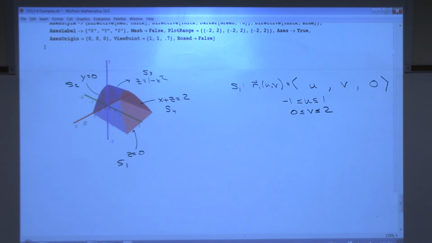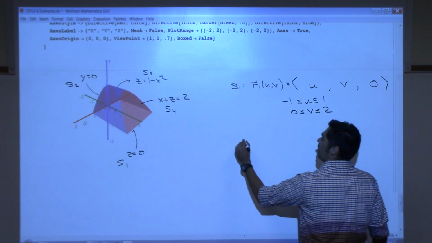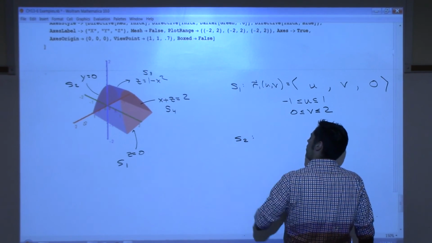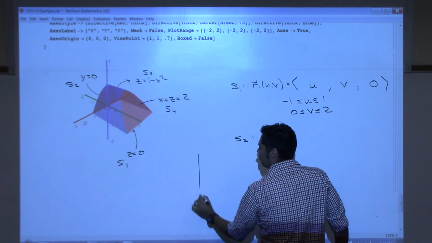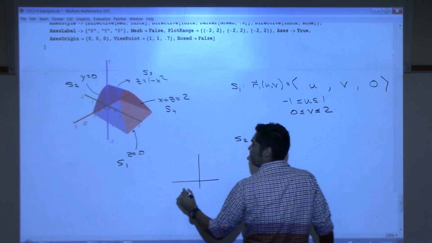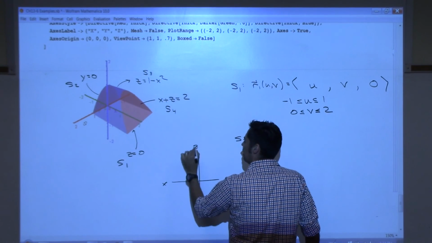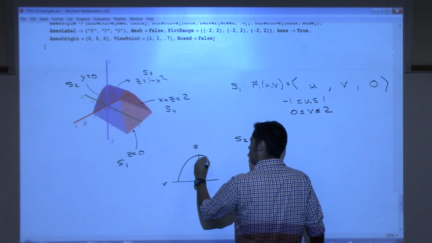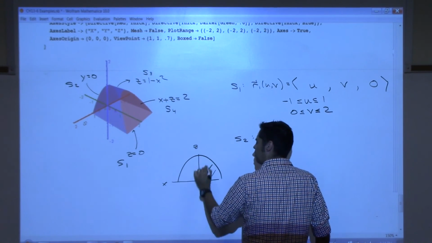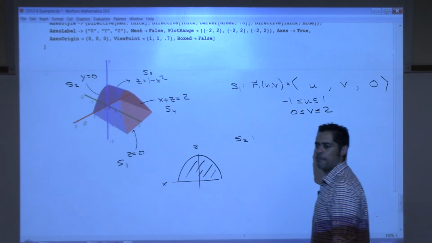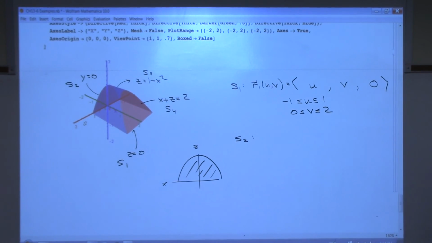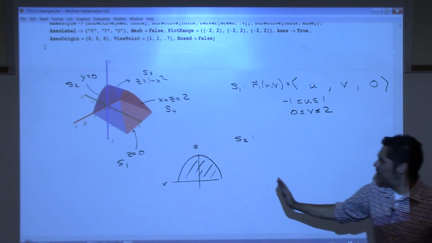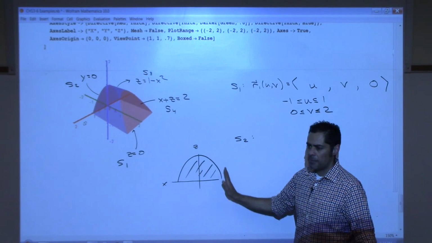All right. What do you think is the next easiest? That S2, right? So let's talk about S2. I'm going to draw S2 in the XZ plane. It's that whole surface, right? What function is this shape following right here?